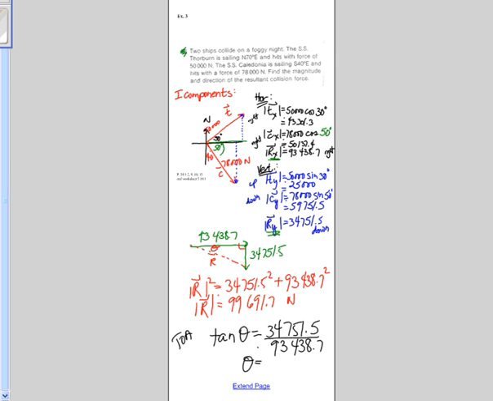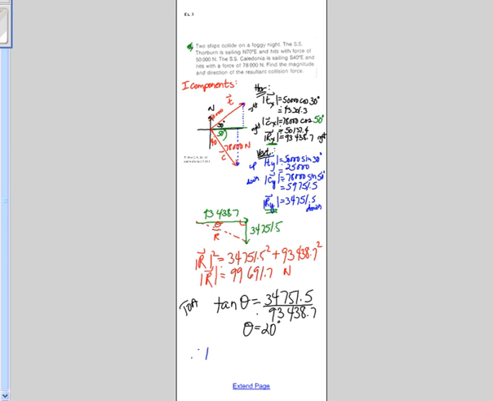Theta is approximately the inverse tan of that ratio. About 20 degrees.